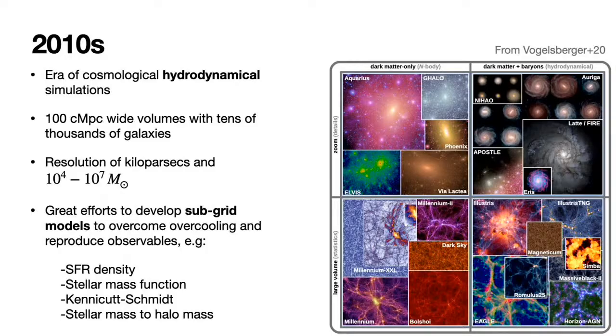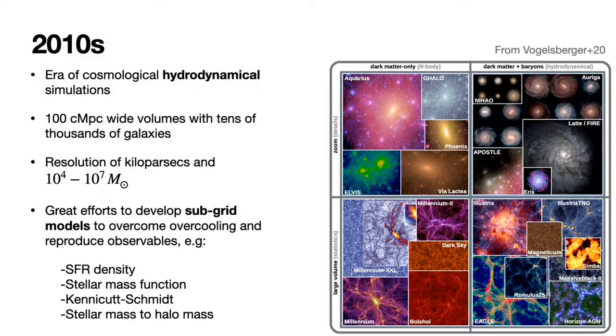So resolving thousands, even tens of thousands of galaxies, but not really the interstellar medium in those galaxies. So resolution typically of kiloparsecs in spatial resolution, and 10 to the few solar mass dark matter and stellar population particles. So during that time, there were a lot of efforts to develop subgrid models to overcome this overcooling problem.